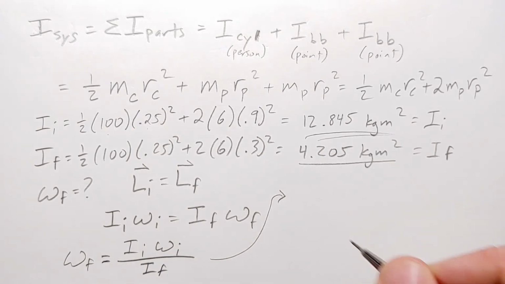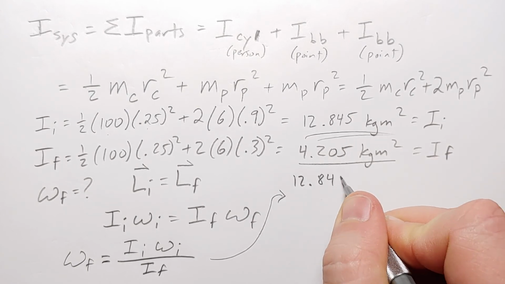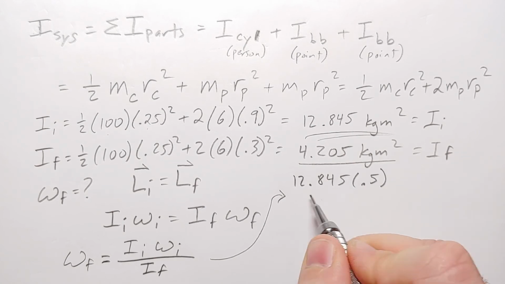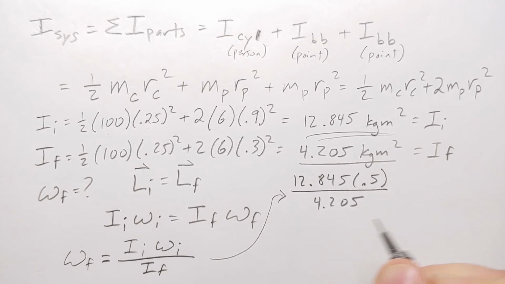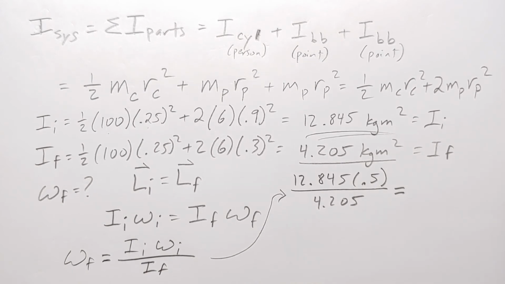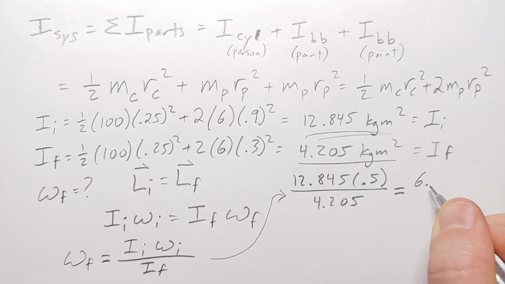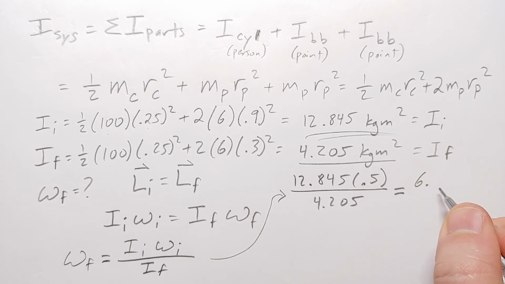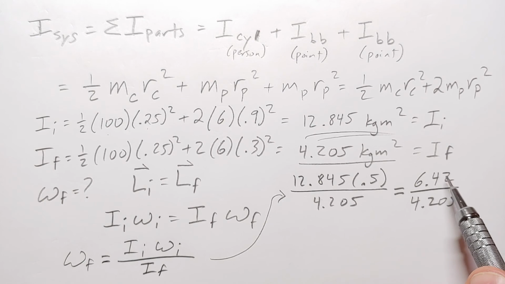So plugging everything in here, we're going to have 12.845 times 0.5 divided by 4.205, which is going to become 6.42-ish divided by 4.205. And this is the initial angular momentum of the system.